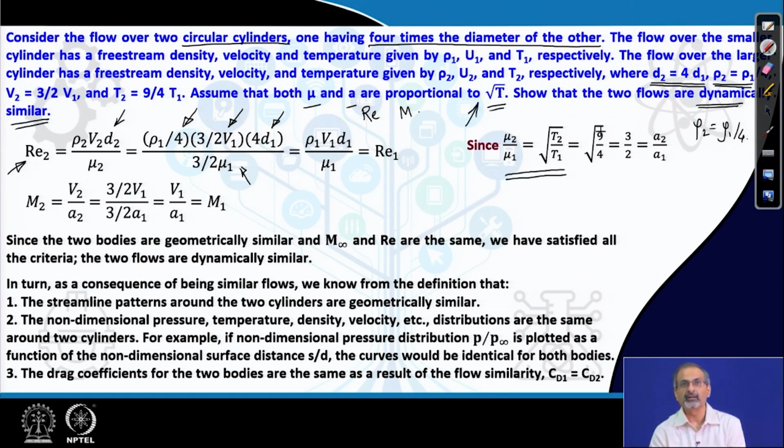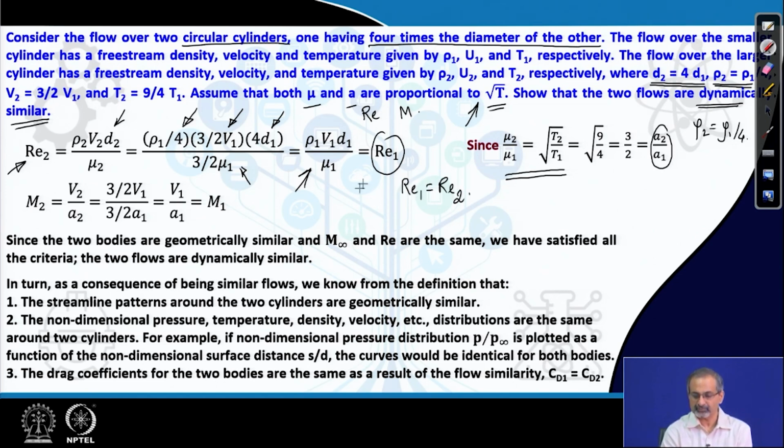So, that is under root 9 by 4, which is 3 by 2, which is also equal to the ratio of the speeds of sound for the two cases. Thereby, what we end up getting is rho 1 V 1 d 1 by mu 1, which is the definition for Re 1. Therefore, we get a condition Re 1 equal to Re 2.